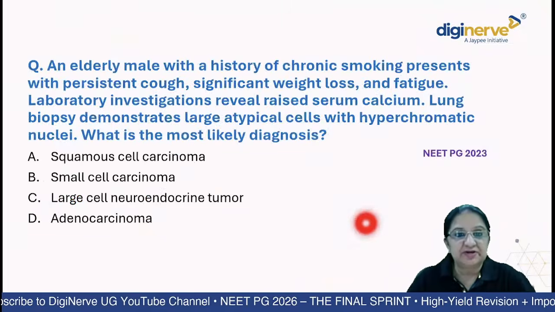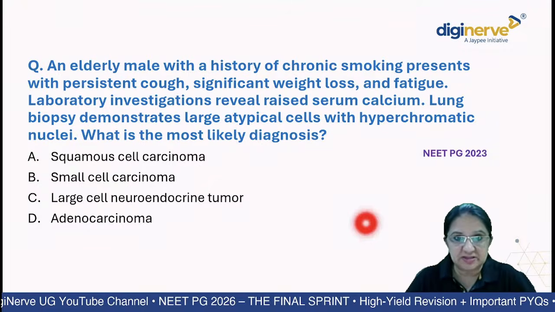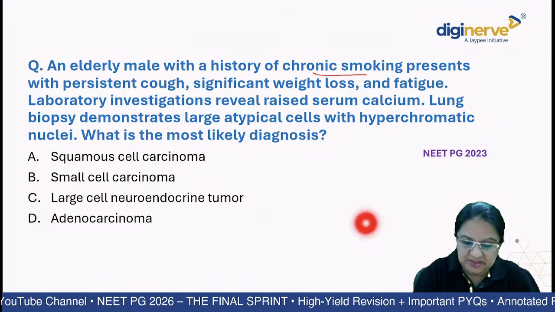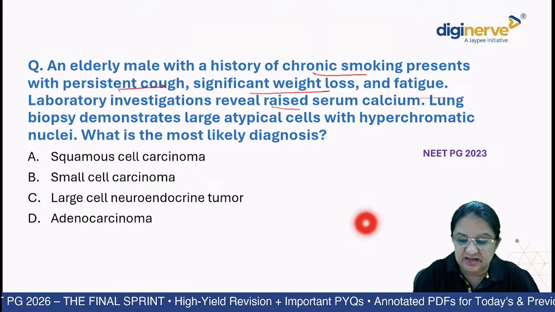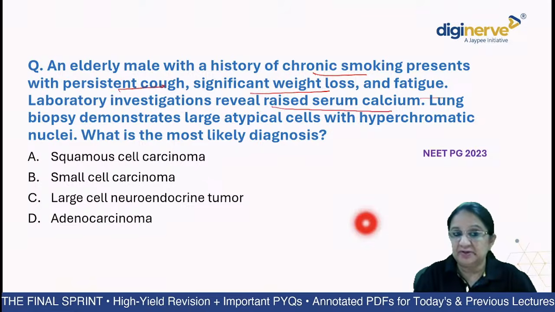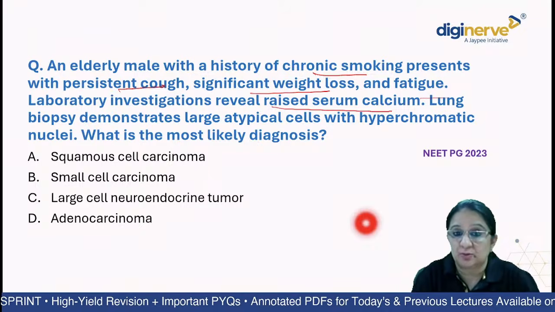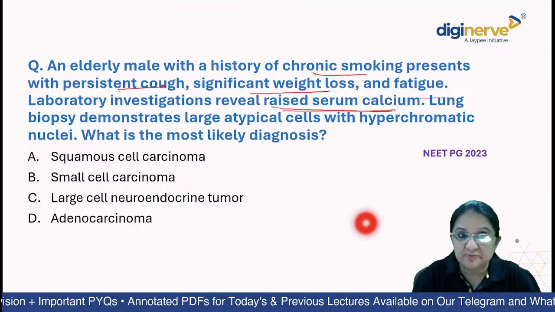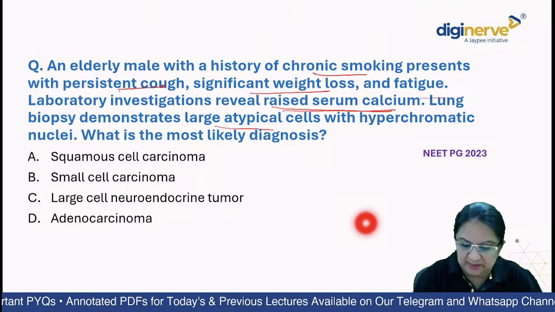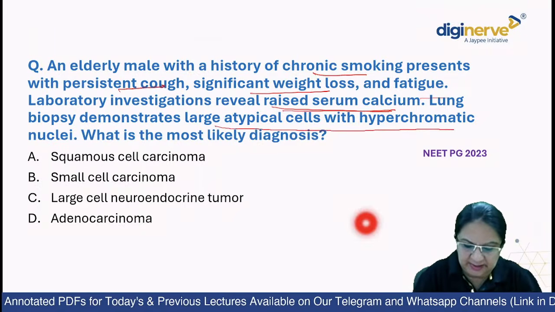Right. Question on lung cancer: chronic smoker, persistent cough, significant weight loss, fatigue. There is raised serum calcium. Hypercalcemia was in which one? Squamous cell cancer. Okay. Raised serum calcium. Lung biopsy demonstrates large atypical cells with hyperchromatic nuclei.